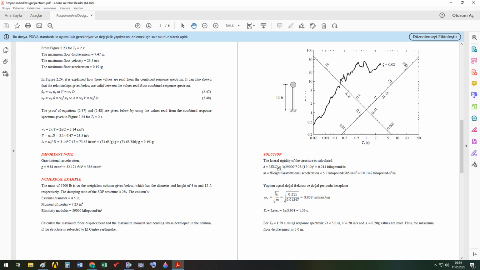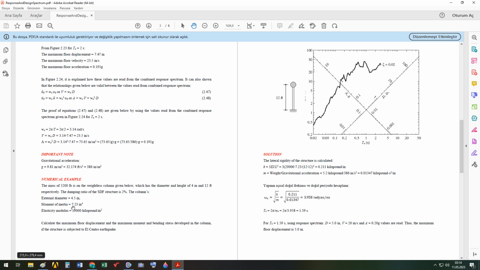The lateral stiffness of one column, the bottom of which is fixed and the top of which is free to sway, is given by this equation. 29,000 kilopound per square inch is its elasticity modulus.